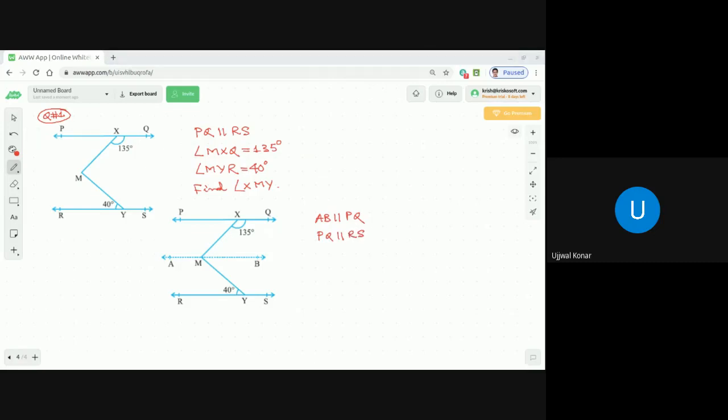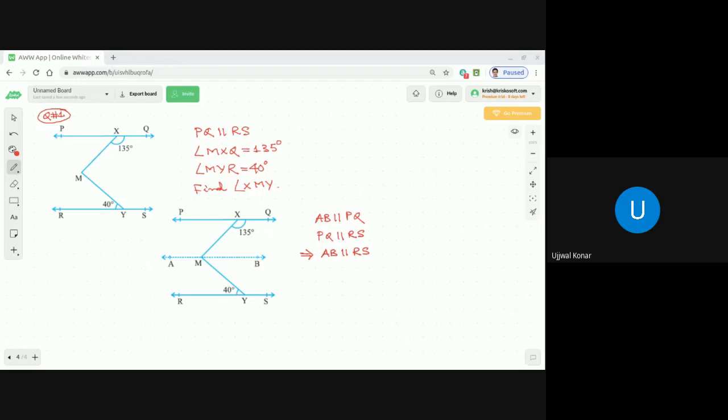If you recall the theorem we just concluded, lines which are parallel to the same line are parallel to each other.